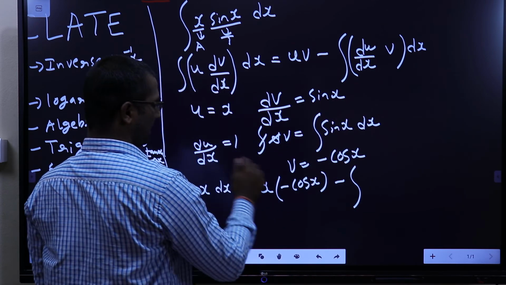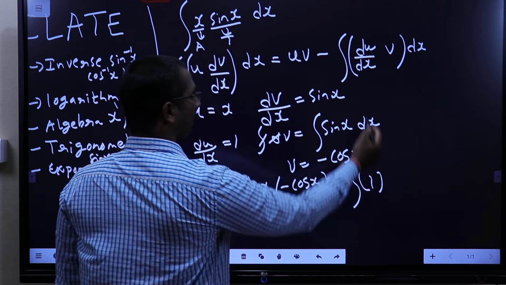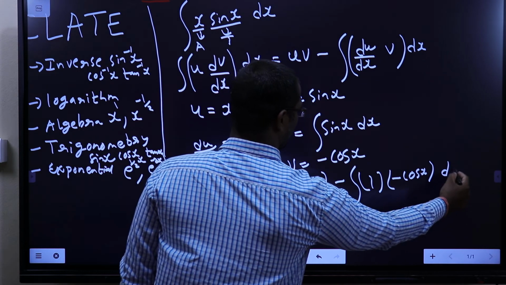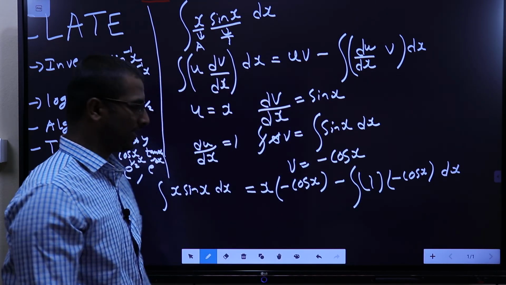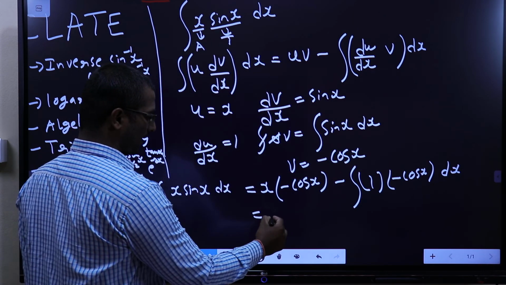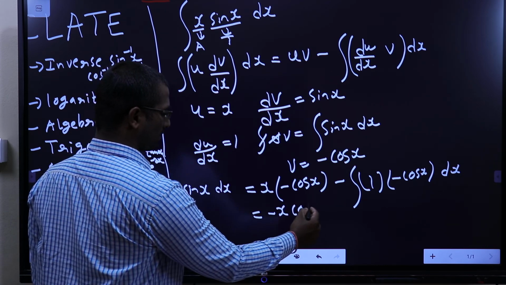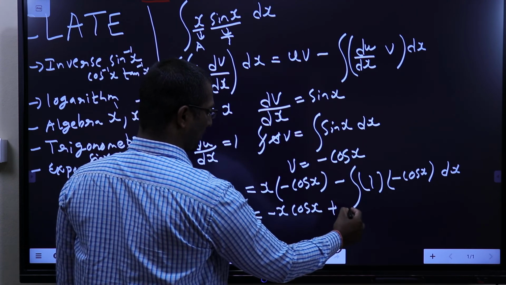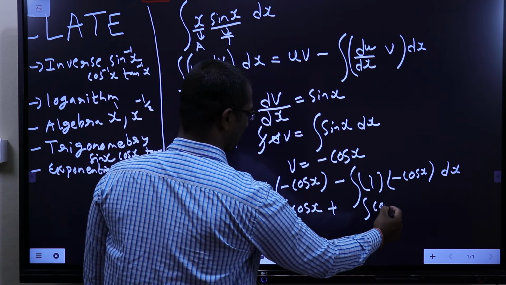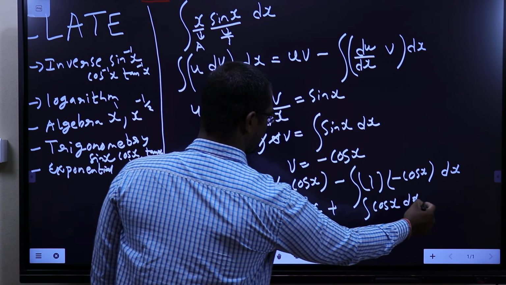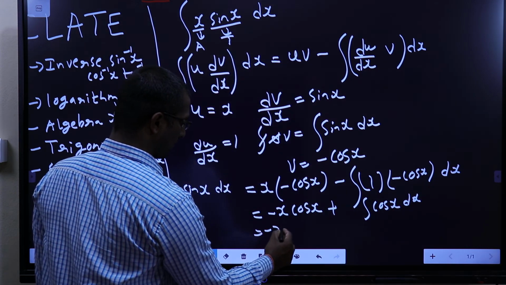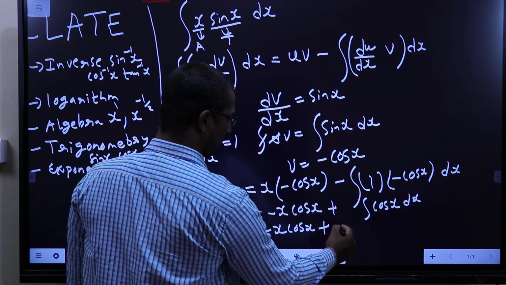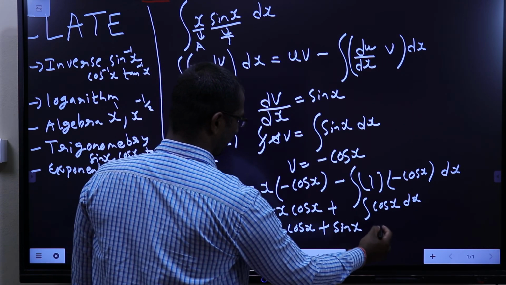It is du by dx is 1 and v is minus cos x dx. Right? So this becomes minus x cos x, minus 1 I am sending outside, it becomes plus integration of cos x dx. So that is equal to minus x cos x plus integration of cos x is sin x.